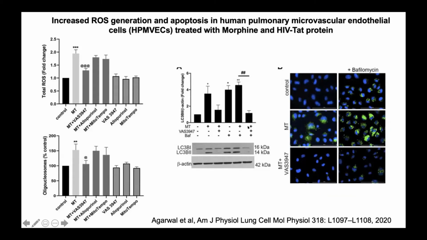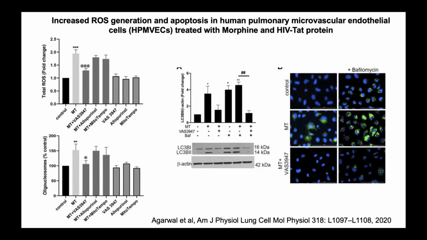Here we can see that the morphine and TAT treated cells have increased LC3B in the staining of LC3B markers, which gets inhibited when we treat with VAS3947.